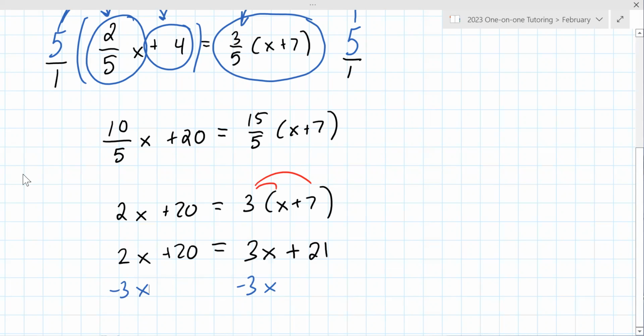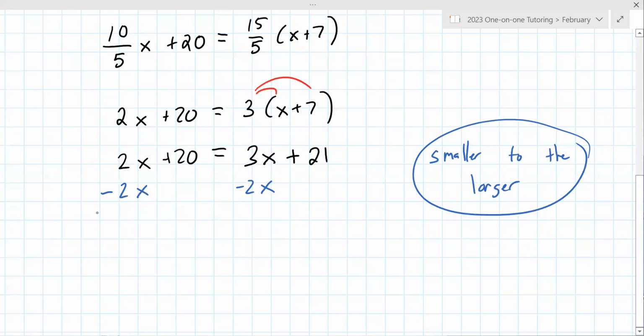Which do you prefer? I don't really care. So here's how you make the choice. It's the smaller to the larger. So the smaller is the 2x. You subtract 2x from both sides. That's really the preferred one, smaller to the larger.